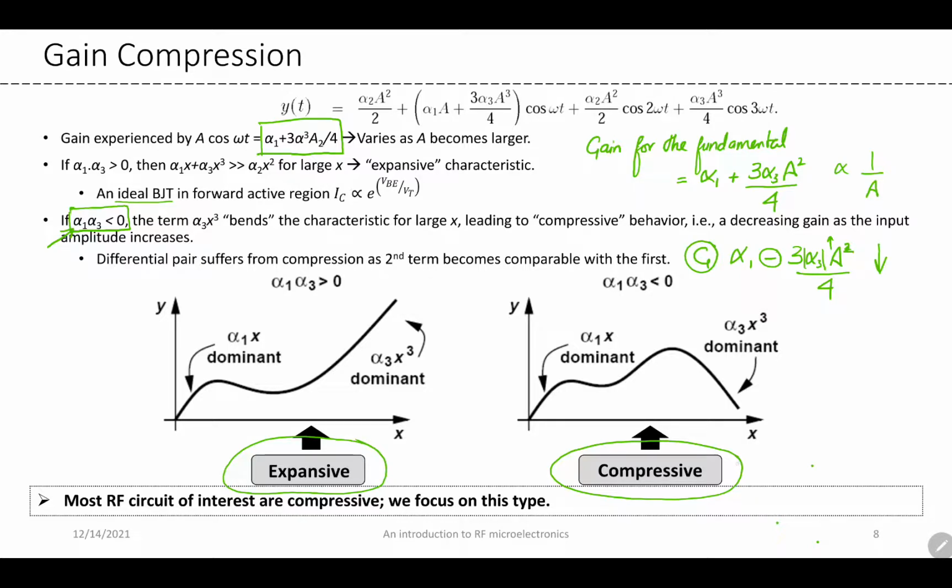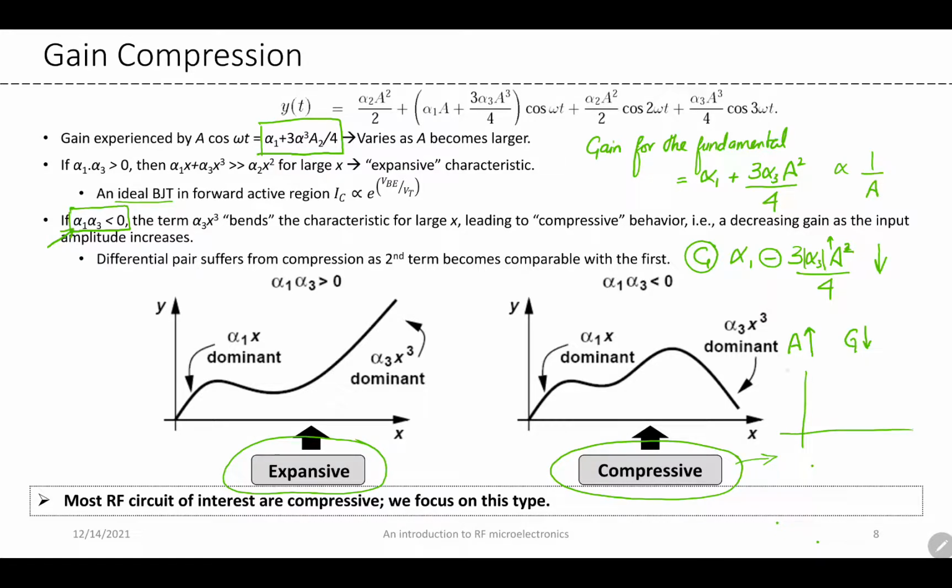And typical RF systems behave in a compressive manner. So as you go on increasing the amplitude of your signals, the gain does not stay flat, it goes on decreasing.